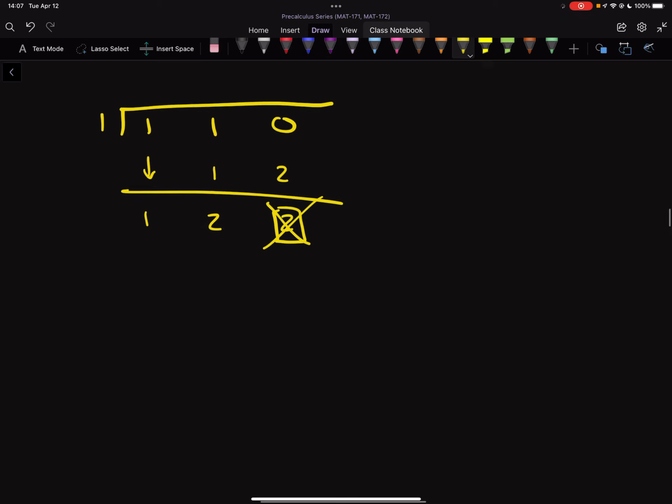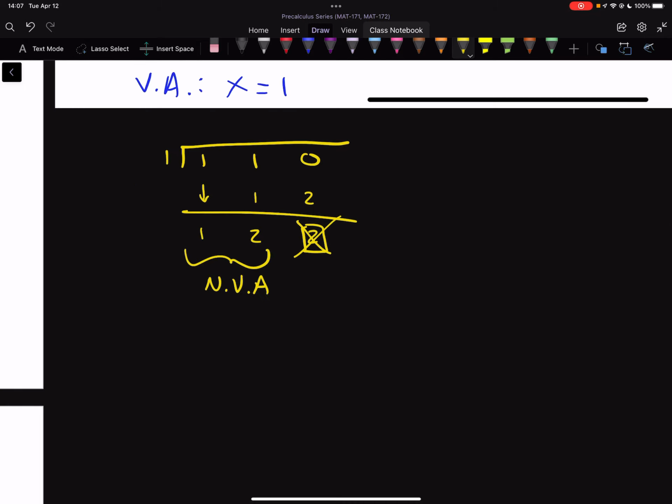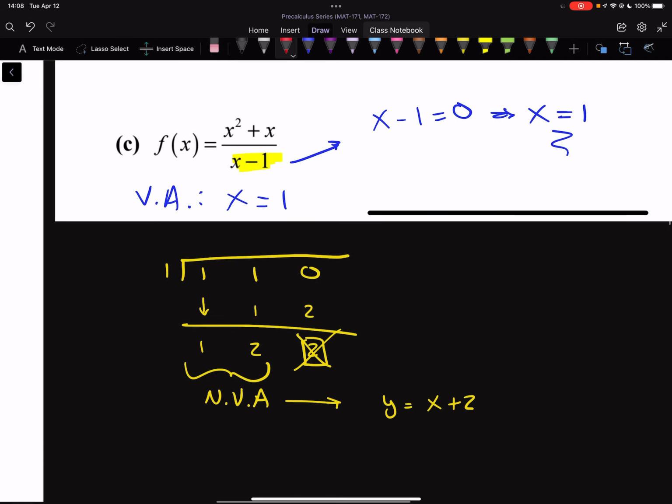And now the non-vertical asymptote is going to be represented by that last line there. So what does that look like? Well, that looks like y equals x plus 2. So for this question, the non-vertical asymptote, or slanted asymptote, has the equation y equals x plus 2.